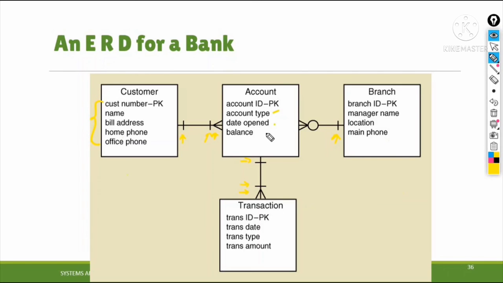And then also the date opened and the balance. And each transaction has a unique ID, and then attributes for a transaction are a date, transaction type, and transaction amount. So it is important to recognize that questions about the cardinality and minimum and maximum cardinality constraints need to be discussed and reviewed with the stakeholders.